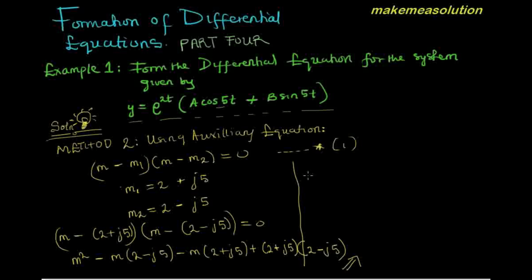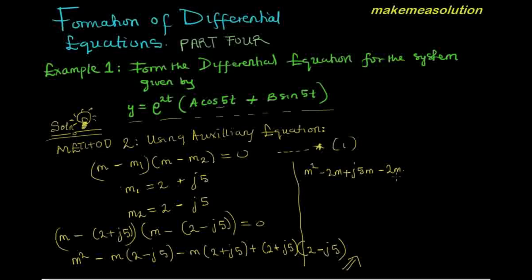So we are going to have m squared, then minus 2m minus j5m, then minus 2m, and the first one is plus j5m, because minus times minus is plus.